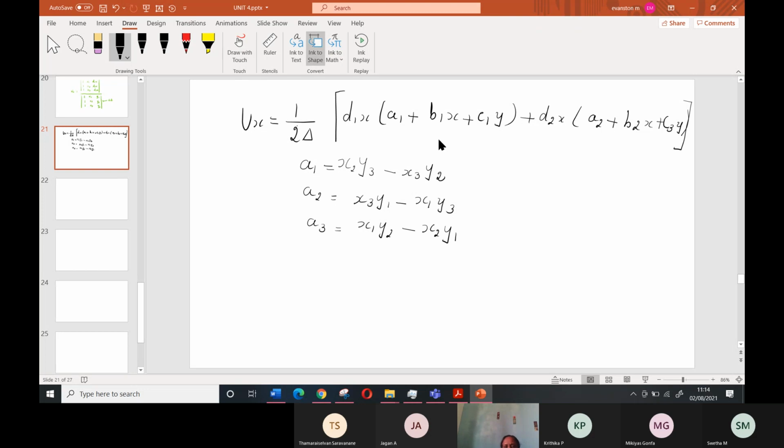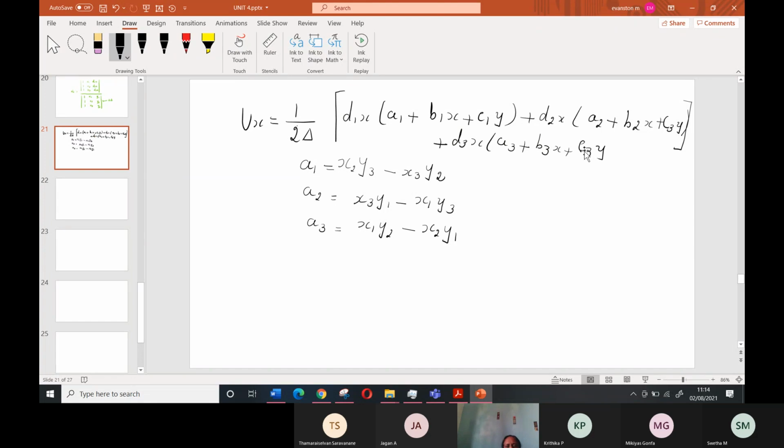One more term, here you add the term d3x into A3 plus B3x plus C3y. Sorry, this is B3.